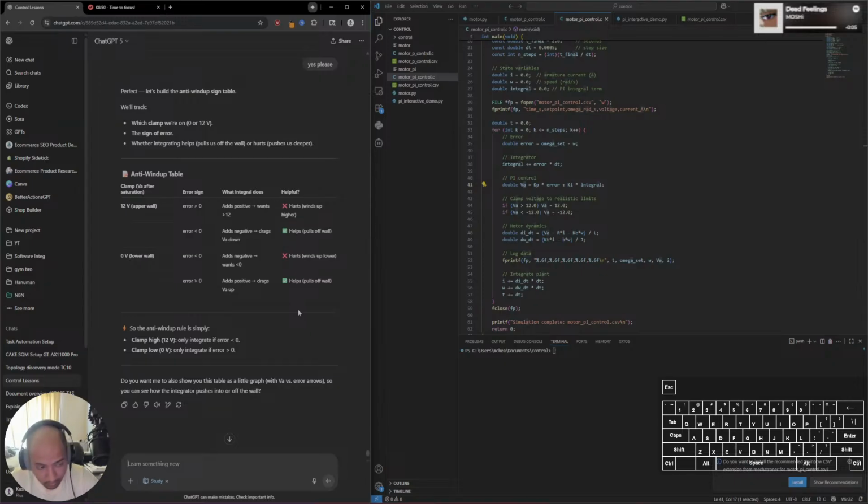Error is greater than 0, adds positive. Drags V8 up.